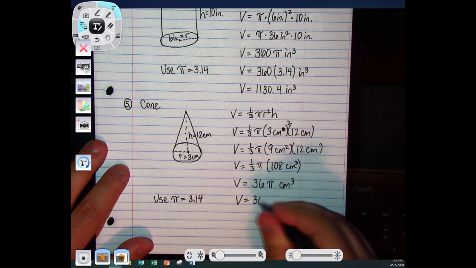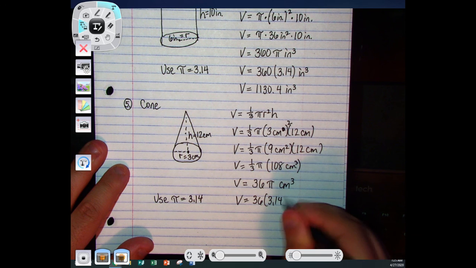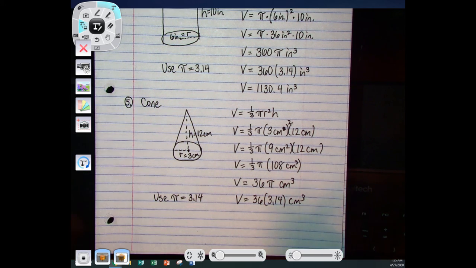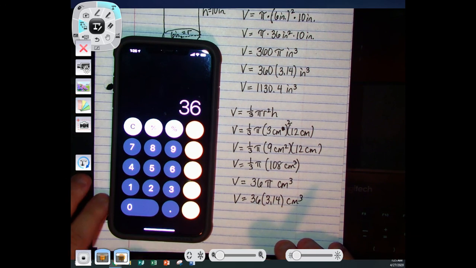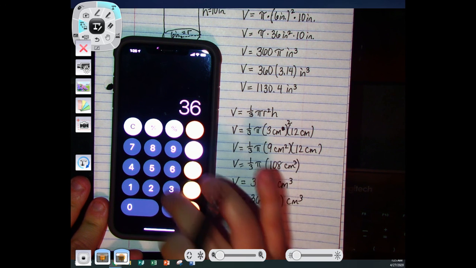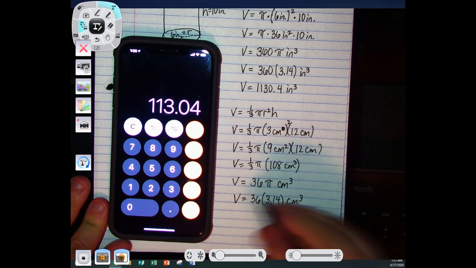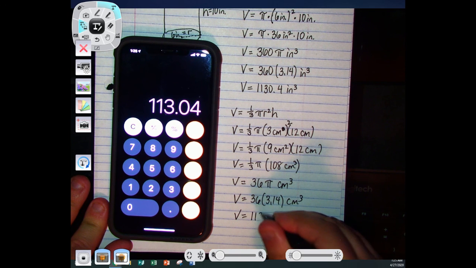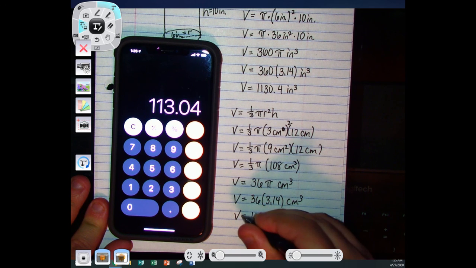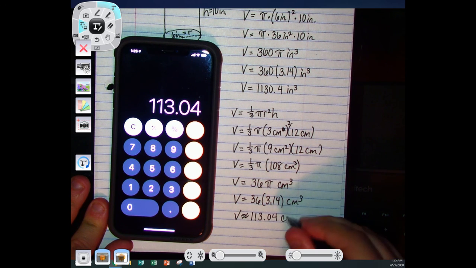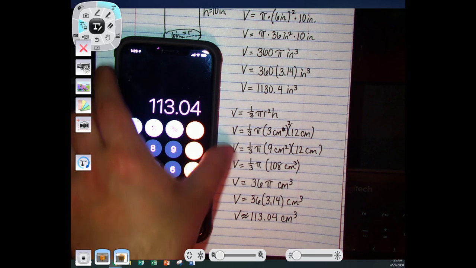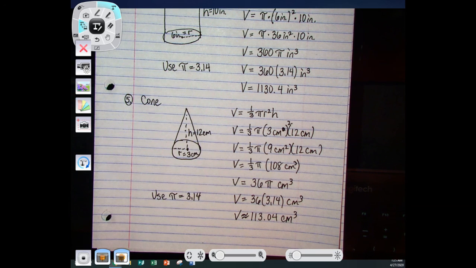So this would be 36 times 3.14 cubic centimeters, which gets us an answer of 113.04, an approximation, centimeters cubed. Okay.